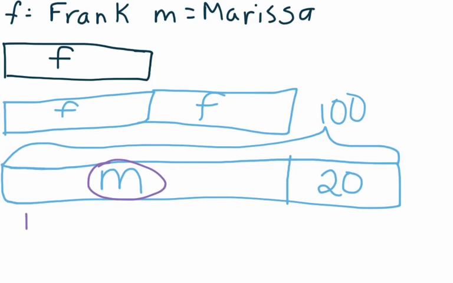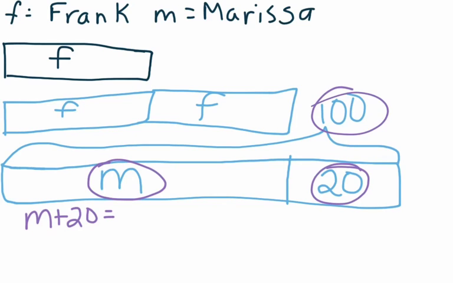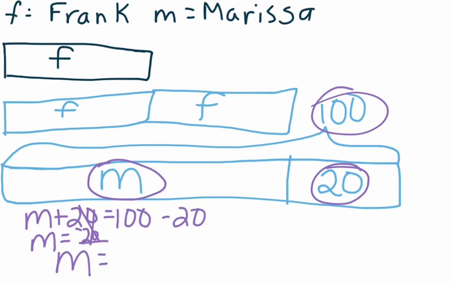We have M plus 20 equals the full amount, which is 100. To determine what M equals, we are going to subtract 20 from both sides. And how much are we left with? 80.